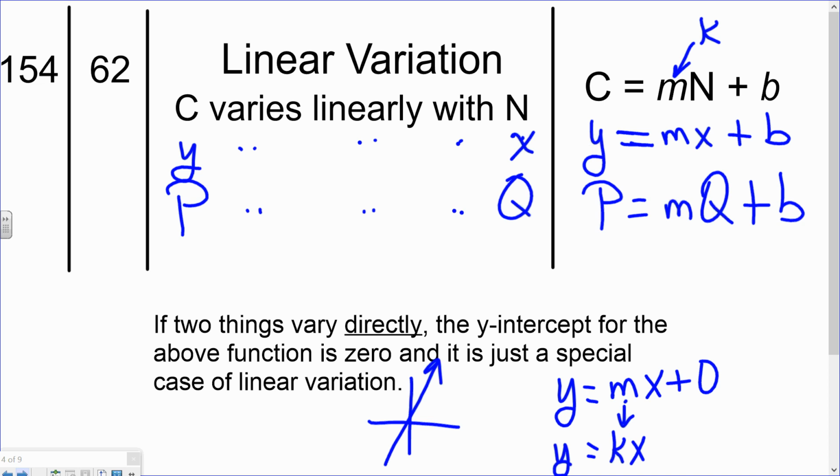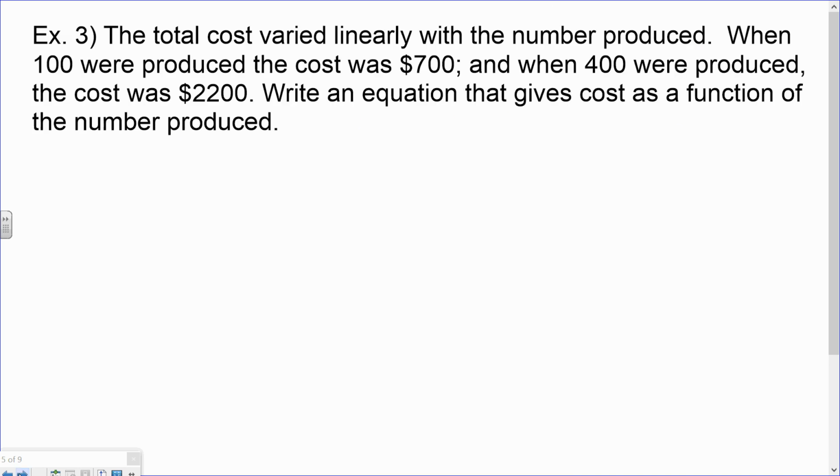Okay, let's try one example problem and then we'll work on homework stuff. So the total cost varied linearly with the number produced. First thing I'm going to do is decide my variables. I'm going to choose to call this C and this N. You could have used T for total cost. You could have used P for produced, but decide what your variables are.